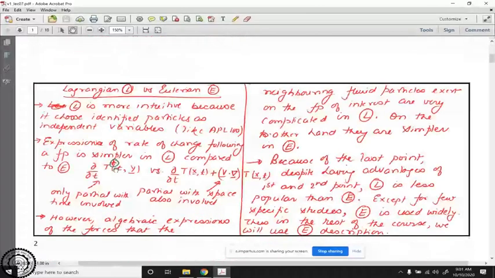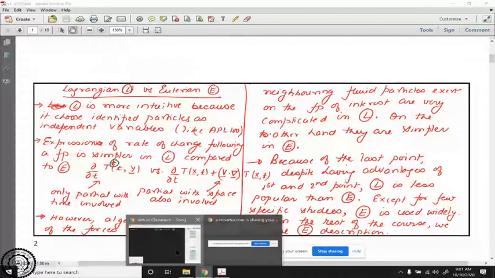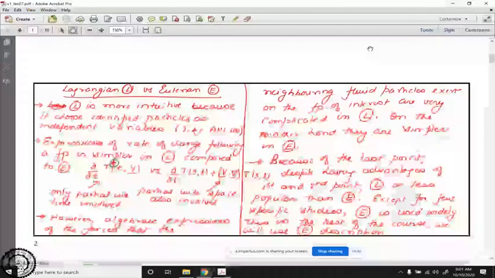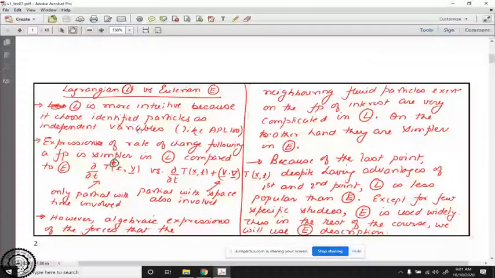So let's compare, based on whatever we have learned about Lagrangian and Eulerian, what seems to be the advantage and what seems to be a disadvantage for these two approaches.